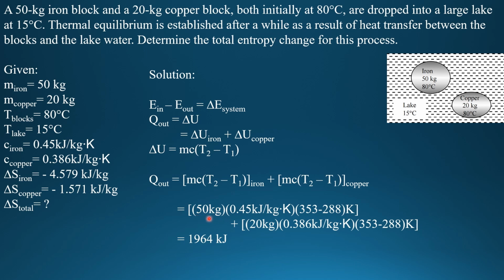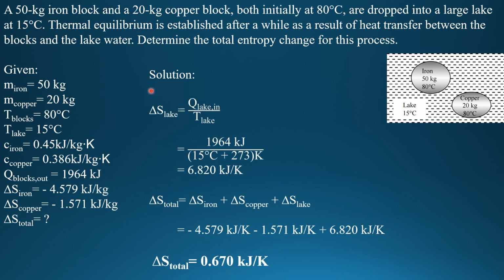We have 50 kilograms times 0.45 kilojoules per kilogram Kelvin times 353 minus 288 Kelvin plus 20 kilograms times 0.386 kilojoules per kilogram Kelvin times 353 minus 288 Kelvin. And we have this heat output of our blocks that is equal to 1964 kilojoules.